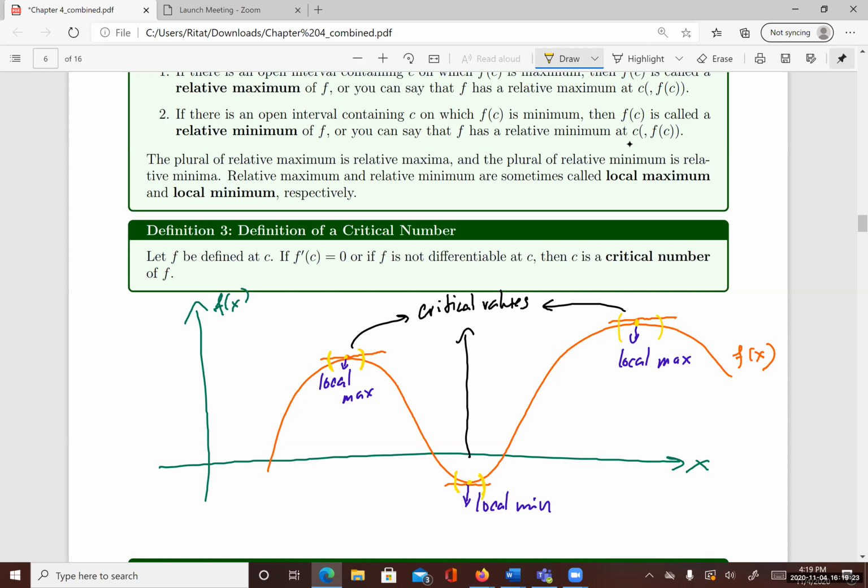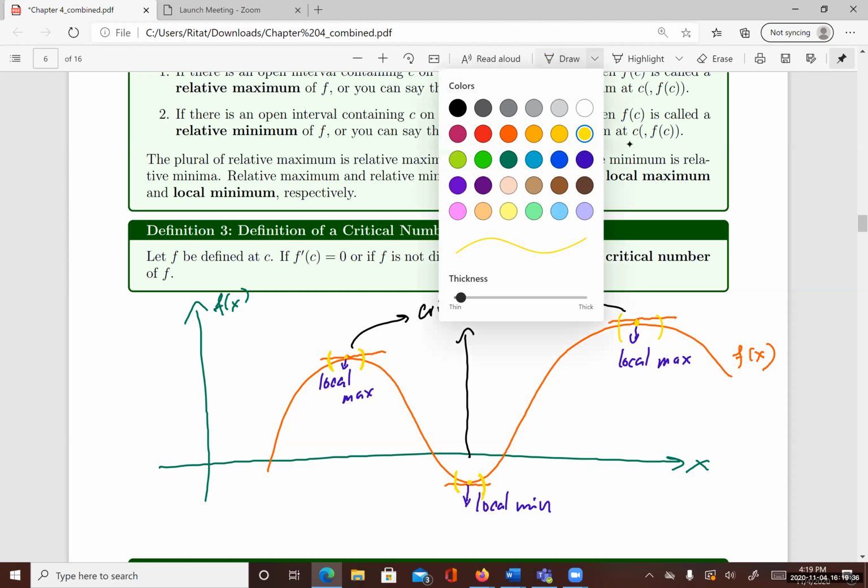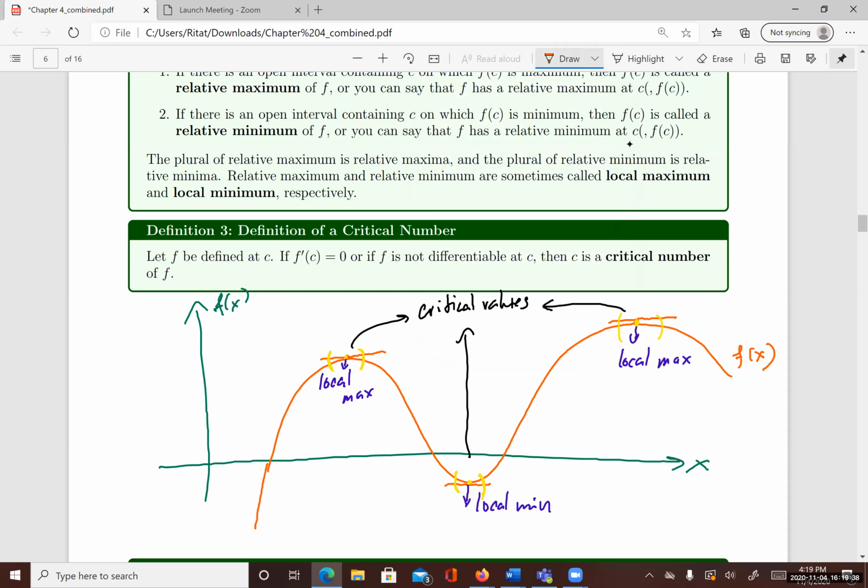That doesn't mean that they are all going to be global or absolute maximum values. So if my function keeps going down this way, and this function keeps going down this way, it goes down to negative infinity, then what does it mean?